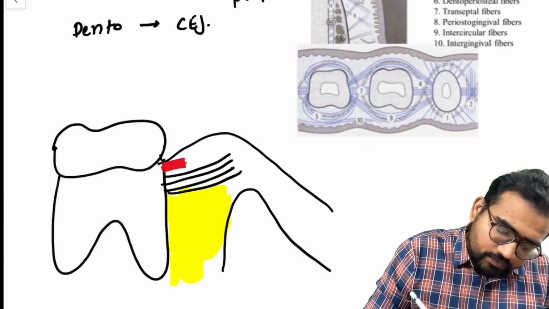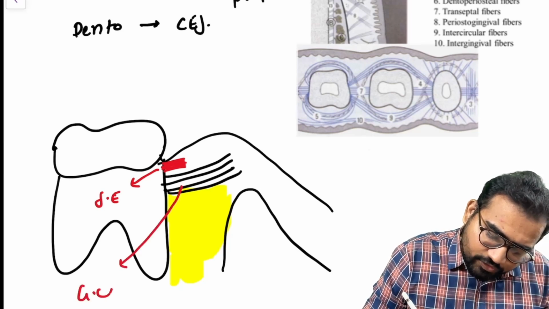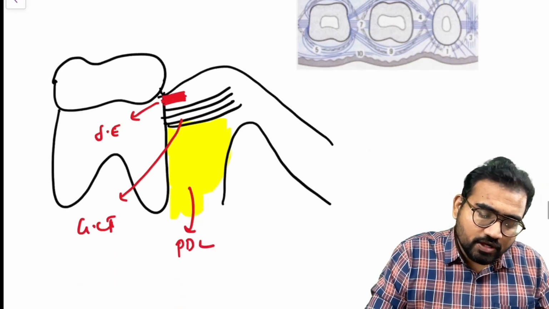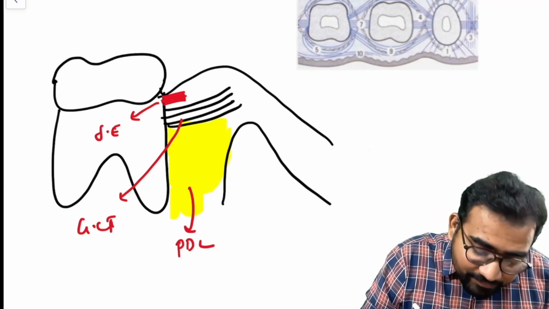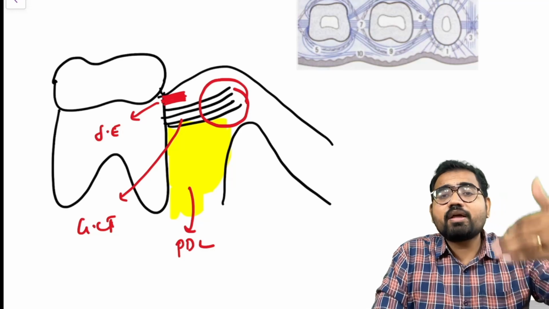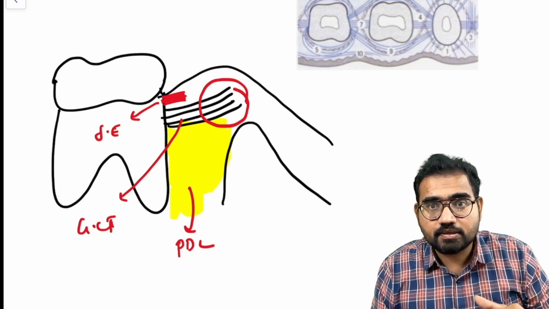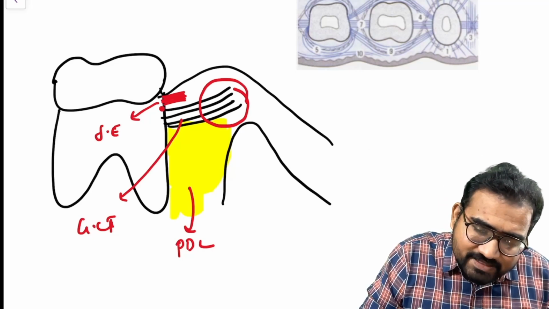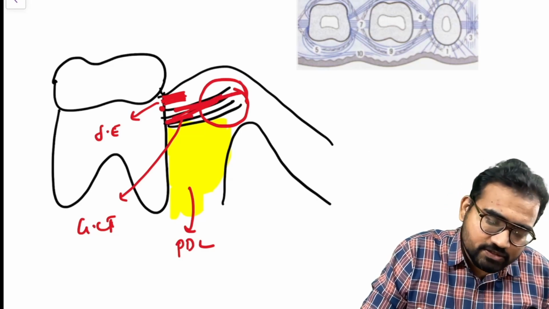See, this is your junctional epithelium, this is your gingival connective tissue fibers, and this is your PDL. Whenever I say the word lamina propria, it means these fibers just end here. It does not have an attachment. For example, CJ to the bone is attached. But when I say gingival, it means it extends from the CJ to the lamina propria.